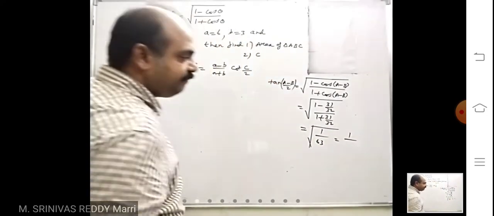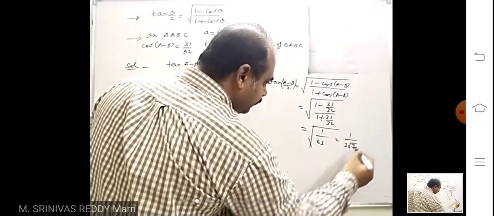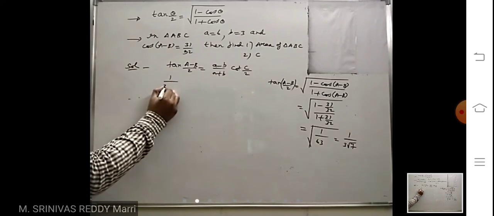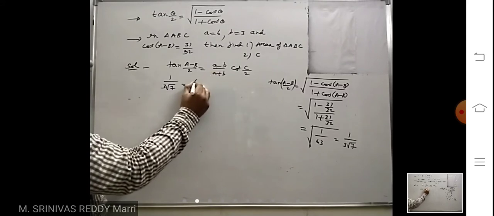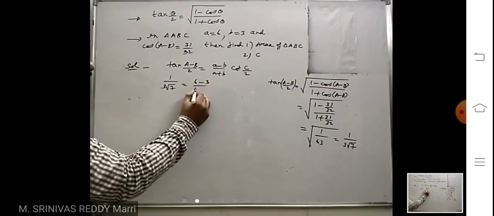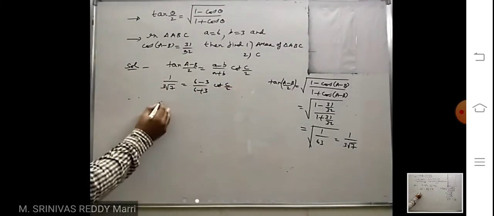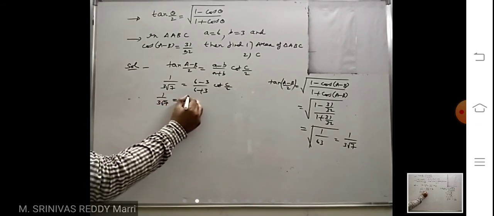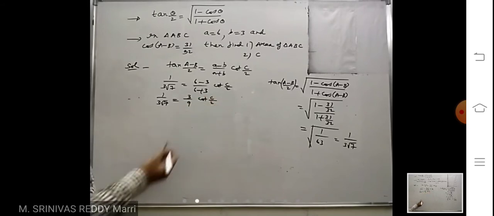So 1 divided by, this is 9 into 7, 3 root 7. So 1 divided by 3 root 7 equals 6 minus 3 divided by 6 plus 3 into cot C by 2. Therefore 1 by 3 root 7 equals 3 divided by 9 into cot C by 2.